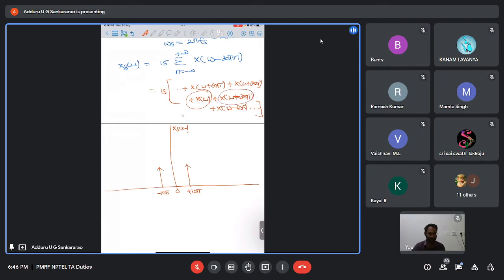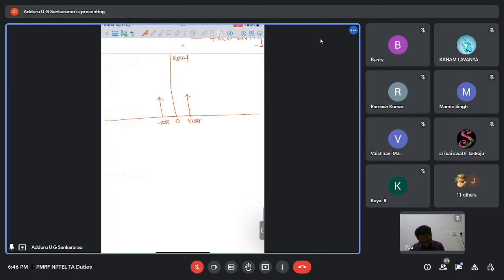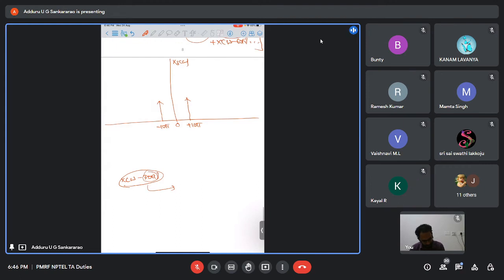When n equals 1, it is X of omega minus 30 pi. X of omega minus 30 pi means X of omega is shifted by 30 pi towards the right. So it is a right shift; you have to shift it by 30 pi. Already this is X of omega.